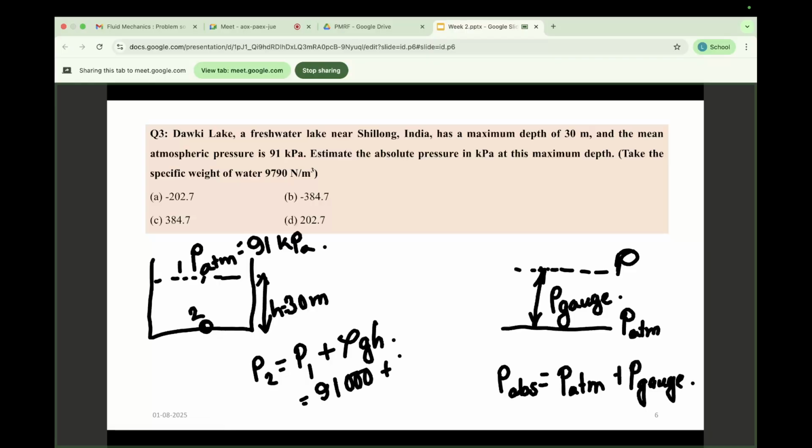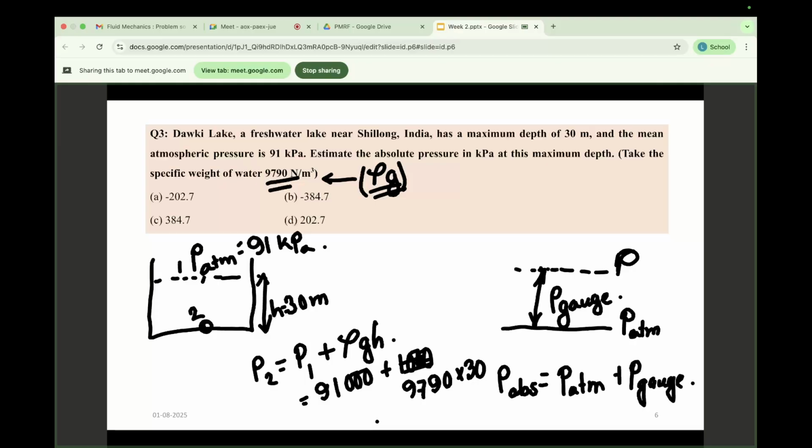And density, we know the density of water is... okay, see, one thing, not density. They have already given the specific weight of water. Specific weight basically means this rho g term. So this rho g is given as 9790, and the height is 30, multiplied by 30.